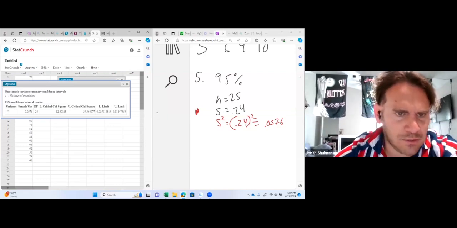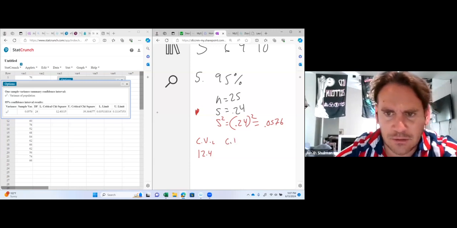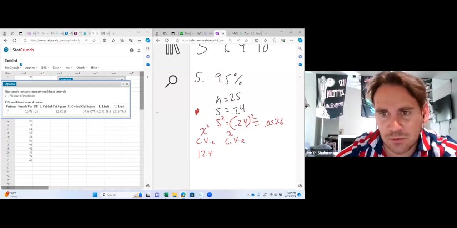Cool. So here we go. We know that the critical value for the left is 12.4. The critical value for the right, which is basically our chi-square, right? These are our chi-squared values.